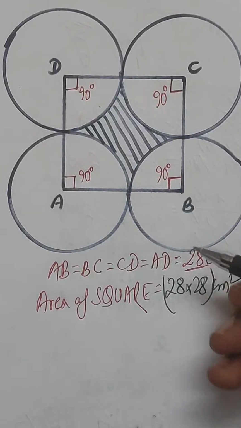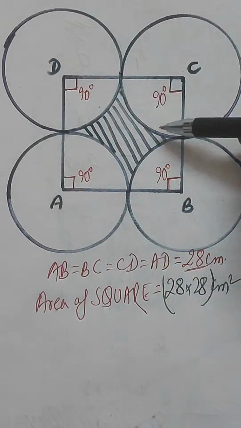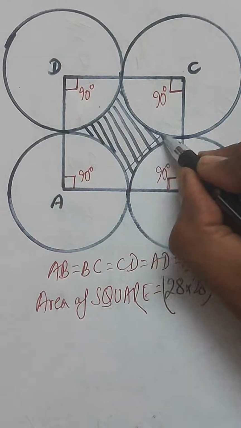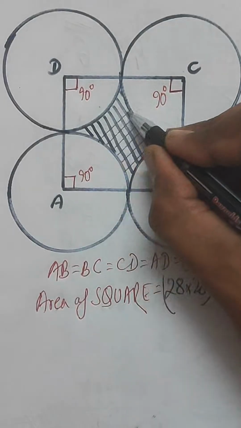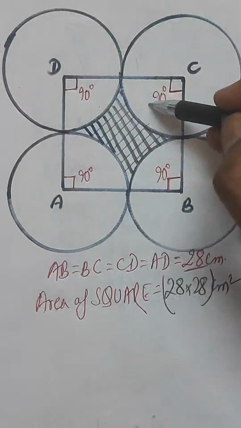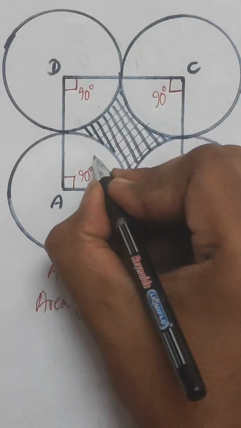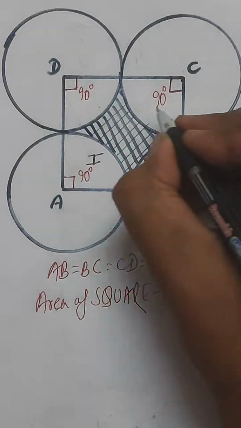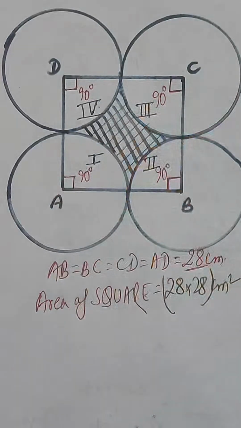So the area of the square ABCD is now known, but we have to find the area of the shaded region, mind it. So to find the area of this shaded region, we need to subtract the area of the sectors from this. So there are four sectors, right? This is sector number 1, this is sector number 2, this is sector number 3, and this is sector number 4, isn't it?